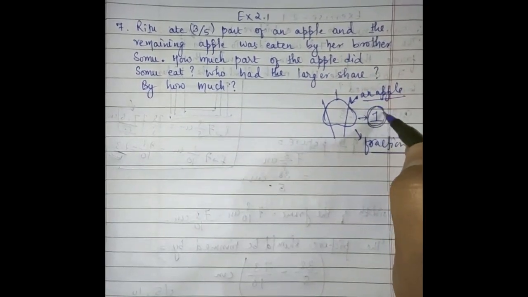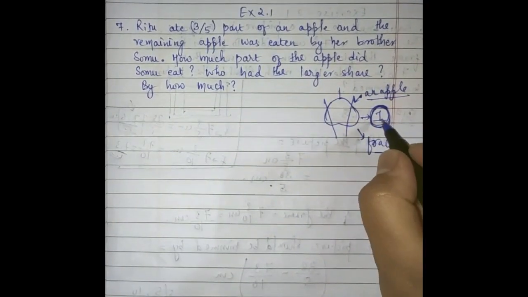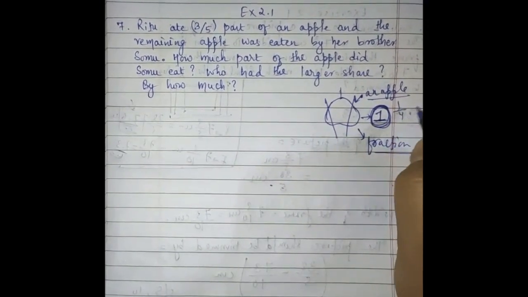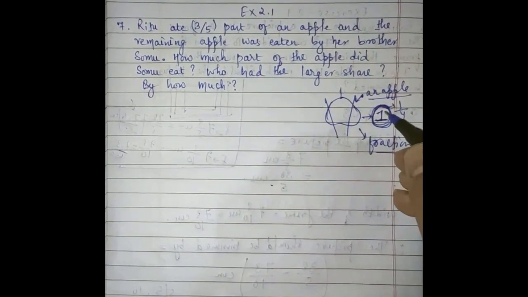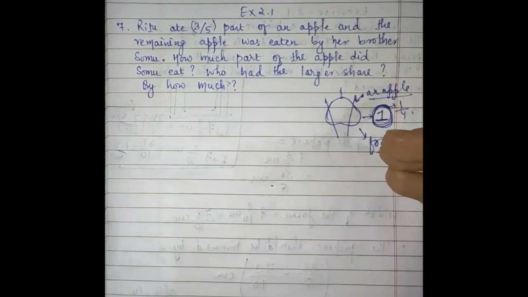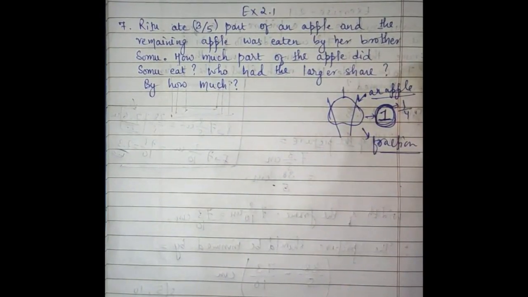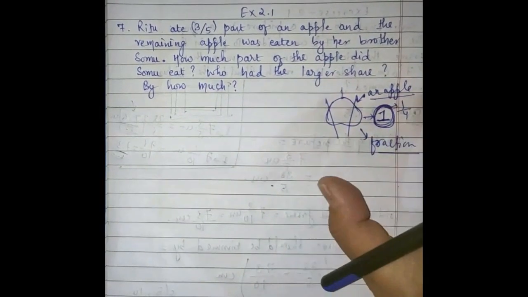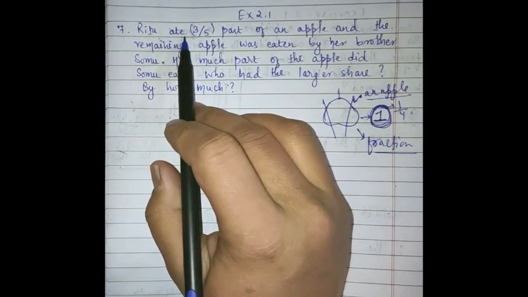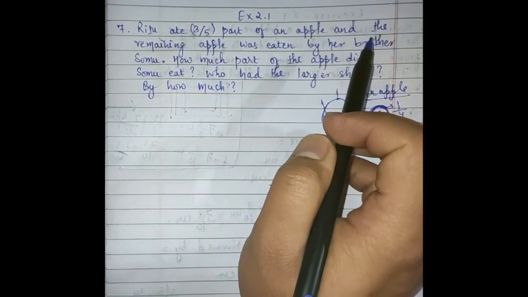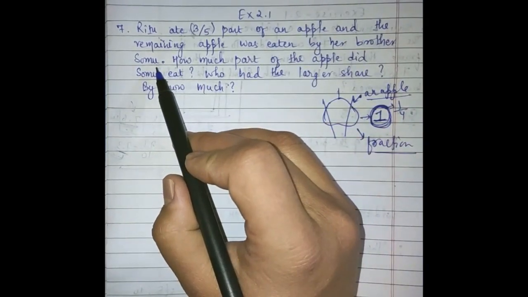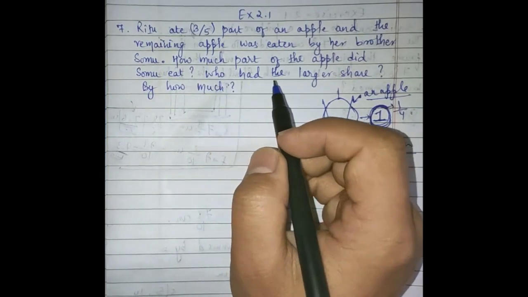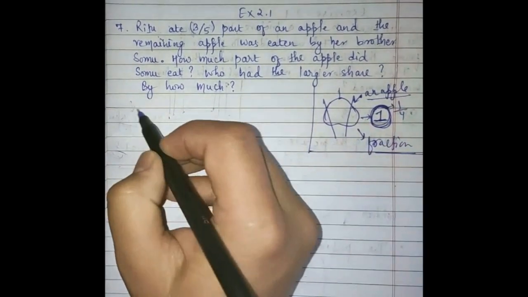But at first it is a whole, that is, say 1. We are considering it as 1. So 1 by 4, any fraction it may be converted into. You may convert that 1 into half. You may convert that into quarter. Alright, so that whole apple is considered as 1. Out of which Ritu ate 3 by 5 part of an apple. Now the remaining part was eaten by Somu. How much part Somu ate, that we have to calculate. Alright, so it is a very easy thing. So let us solve.